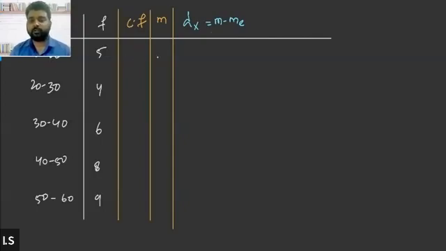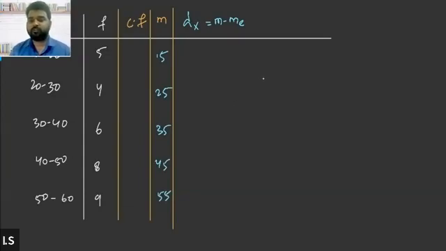So in this case, you will have to calculate the mid value. Mid value of 10 to 20 is 15. Then mid value from 20 to 30 is 25. Then it will be 35, 45, and 55. So Alexander, do you know how to calculate the mid values? Divide by 2.